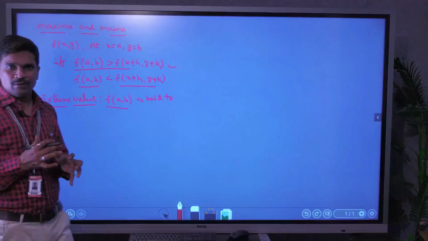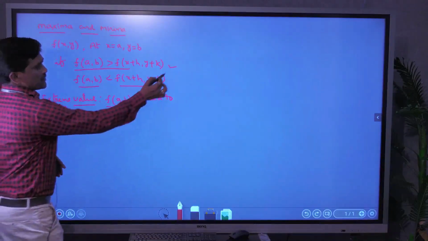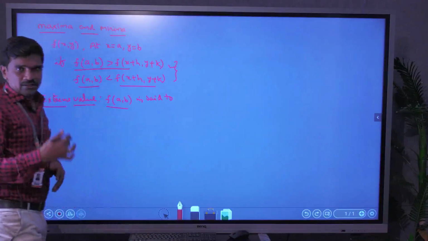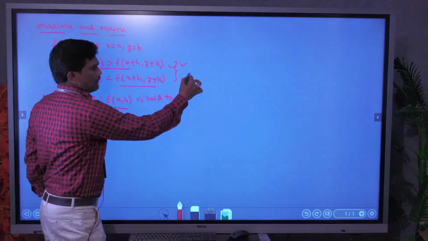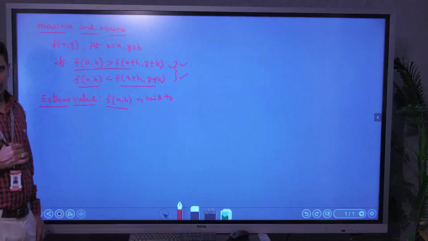So if these two conditions hold, one is a maximum and the other a minimum, and this is the extreme value.